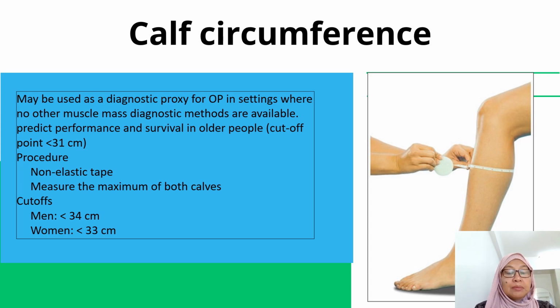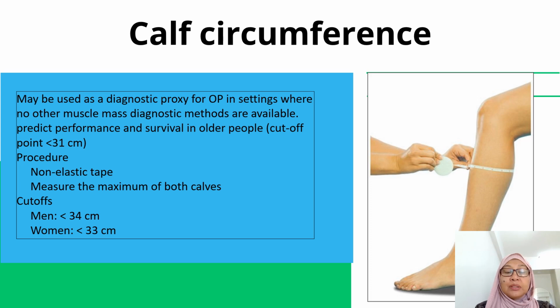Measure the maximum circumference of the calf at its widest point. Make sure the tape measure is snug but not compressing the skin. Record the measurement for both calves and use the larger of the two measurements.